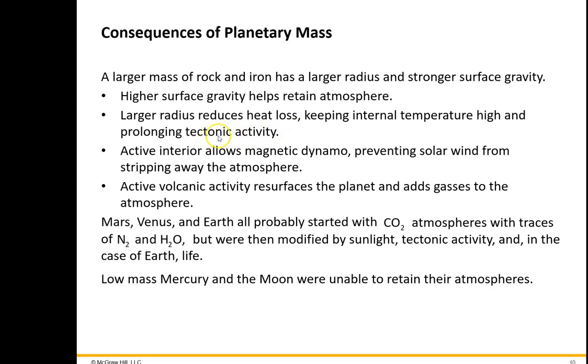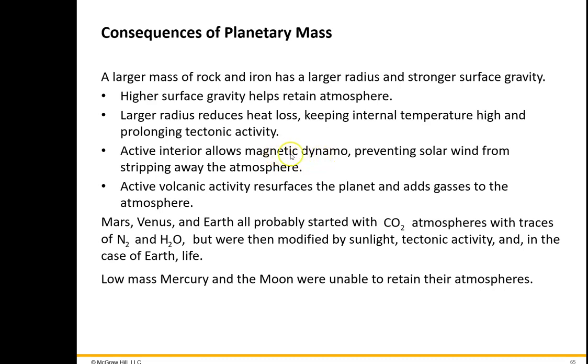There is evidence that Venus recently resurfaced itself. We don't think Venus actually has plates the way the Earth does. All right, so an active interior allows a magnetic dynamo, which in other words means at least the outer core is liquid, and so that spins at a different rate than the surface.